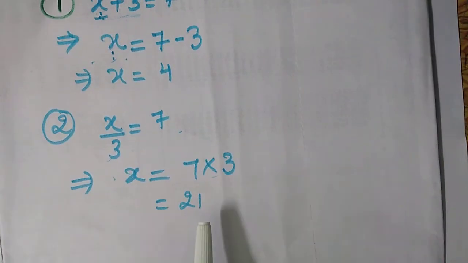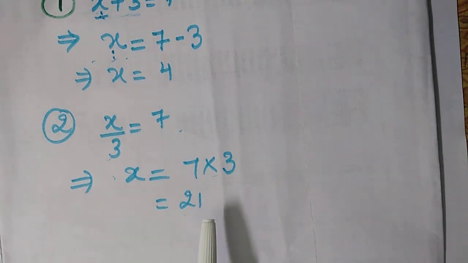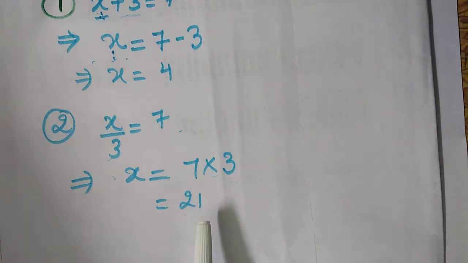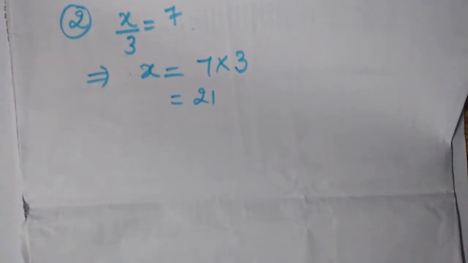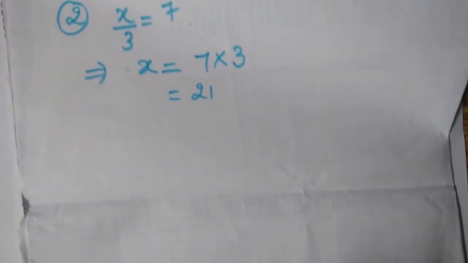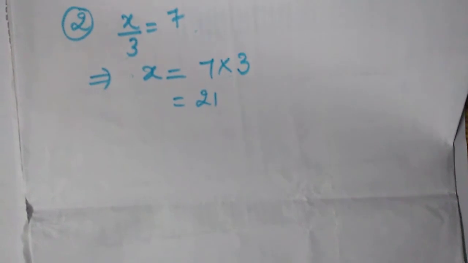After transposition, let us discuss how you can solve word problems. First, let us discuss the meaning of word problems. Problems stated in words are known as word problems or applied problems.